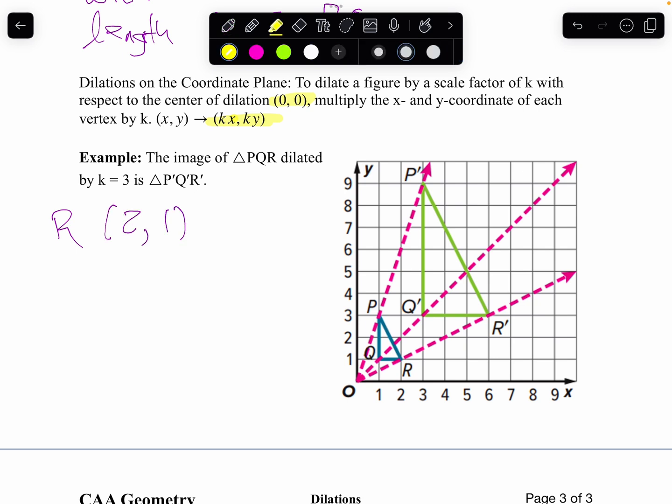We're at 2 and 1. So if I multiply by 3, R prime should be 2 times 3, which is 6, and 1 times 3, which is 3. Is R prime at 6 and 3? Sure it is. It's right there. So there is using our scale factors when we are at 0, 0.